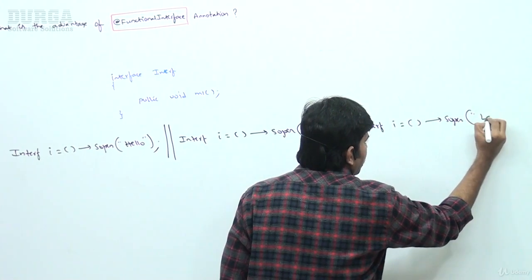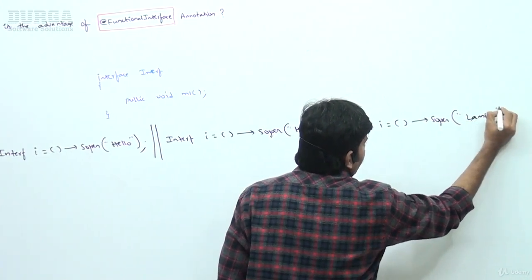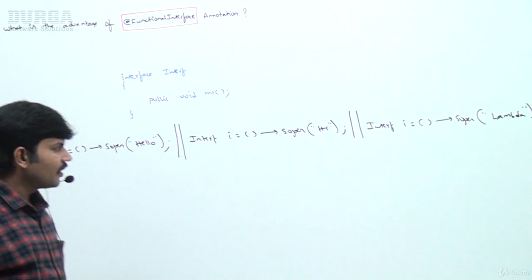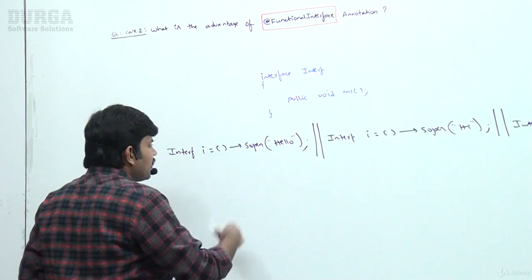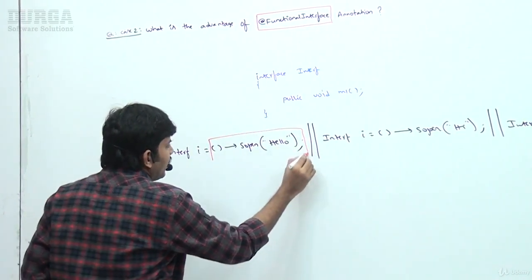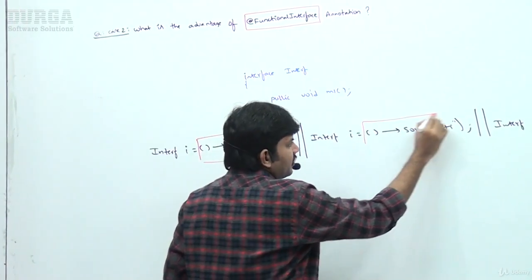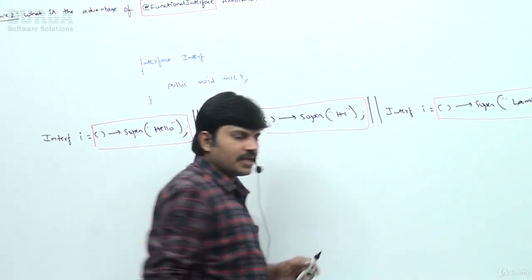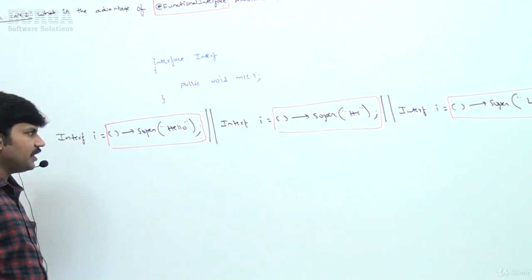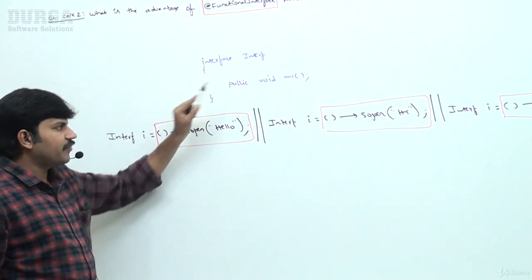Whether this lambda expression or this one or that one, all these lambda expressions are represented by which functional interface, sir? Interrupt.